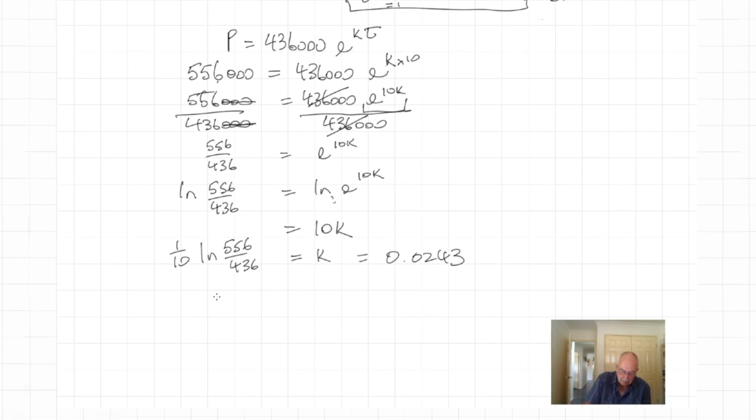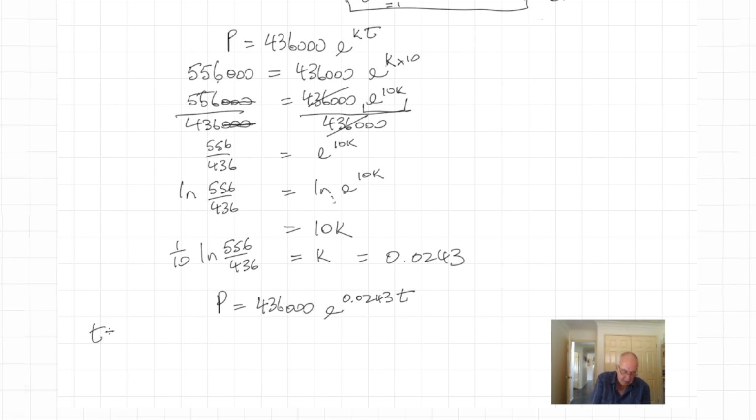So you've got P equals, now P0 we've already said is 436,000, e to the k, 0.0243, and it's a good idea to keep 4 decimal places here because when you raise that power, if you go to 2 decimal places, your answer is going to be way out. So keep 4 decimal places, t.